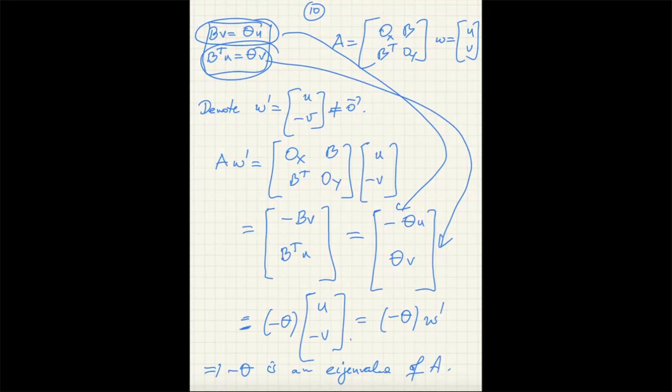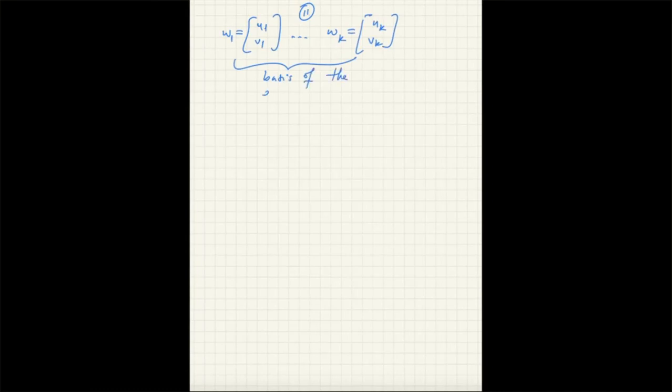Now, how do we deal with the multiplicity part? If we take, for example, W1 to be U1, V1, up to WK, UK, VK, let's say these vectors form a basis of the eigenspace of theta.